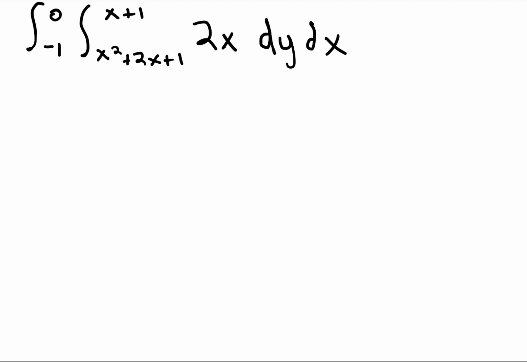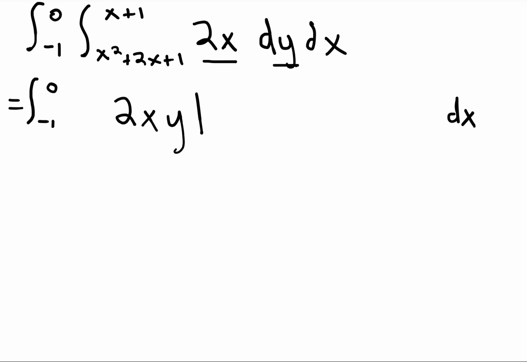We work from the inside out, so nothing on the outside is doing anything right now. I have to take an antiderivative of 2x with respect to y. Notice that x acts like a constant. I should get 2x times y, evaluated between my lower bound of y equals x squared plus 2x plus 1 and my upper bound of y equals x plus 1.